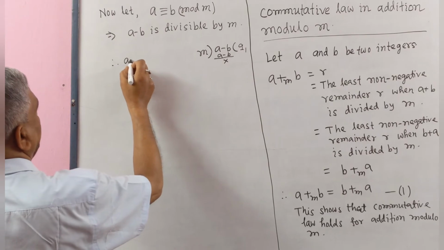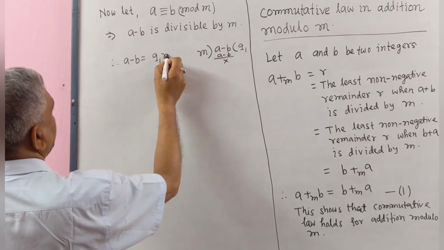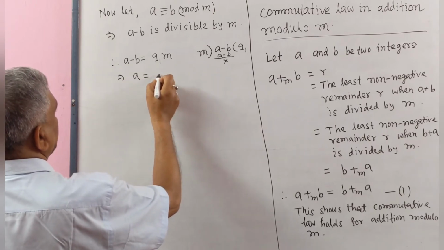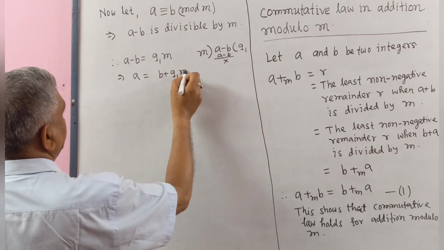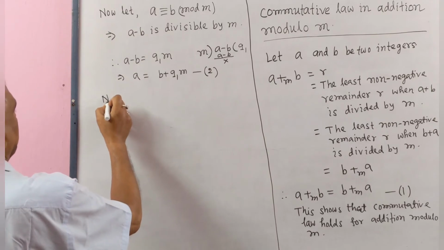Therefore, A minus B equal to Q1 M implies that A equal to B plus Q1 M. This is number 2.